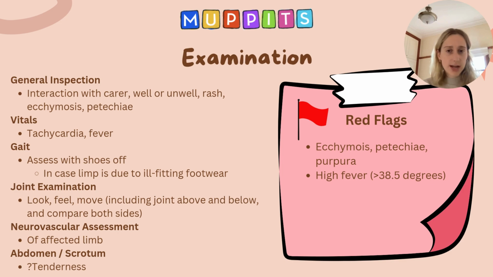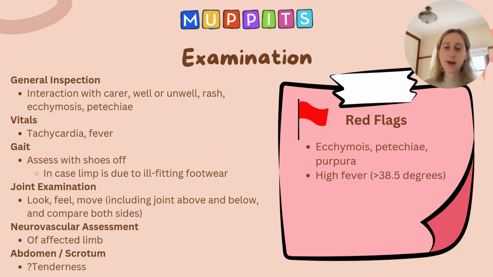In terms of the joint examination, our look, feel, move principles, and make sure you assess a joint above and below. So if they're complaining about the knee, assess the hip and the ankle joint as well, because it could be referred pain, and compare both left and right as well.